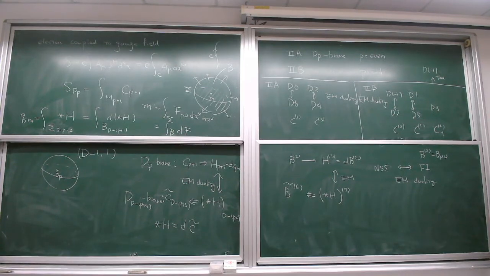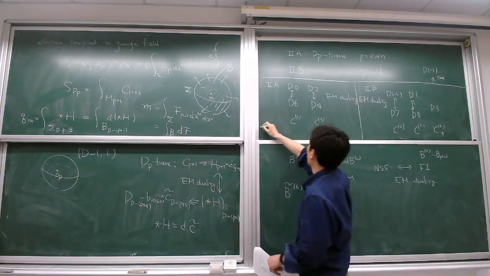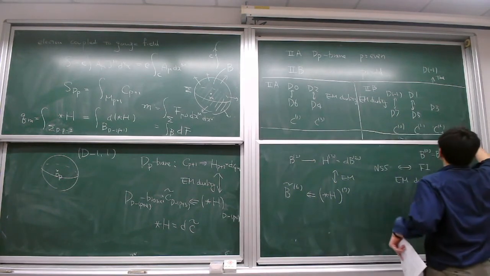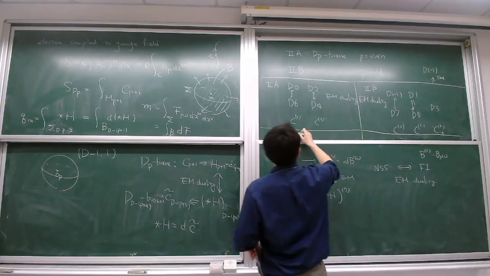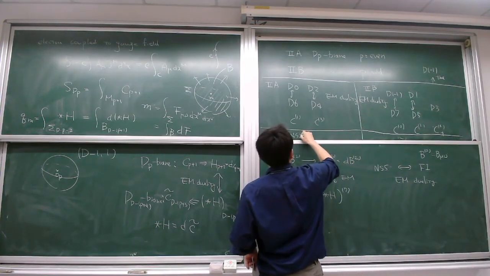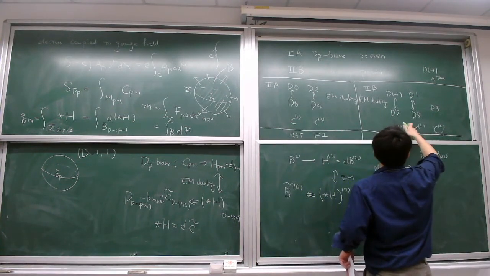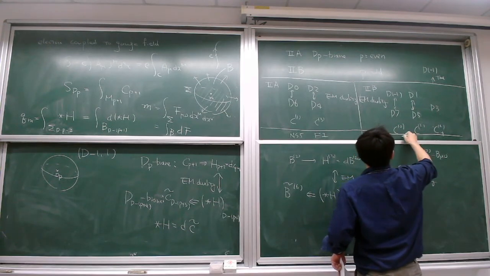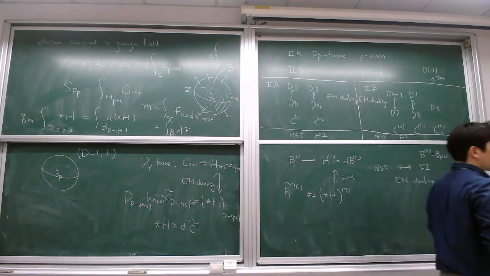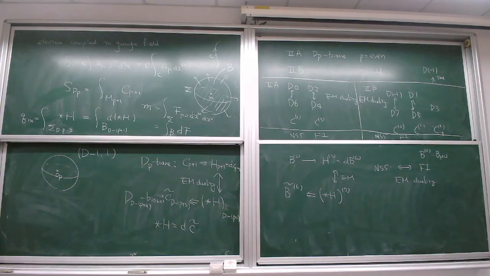This NS5 brane always exists, in both type 2A and type 2B. In addition to the Ramond fields, from Neveu-Schwarz you can have the NS5 brane and the F1 string. F1 is just an open string, or fundamental string.